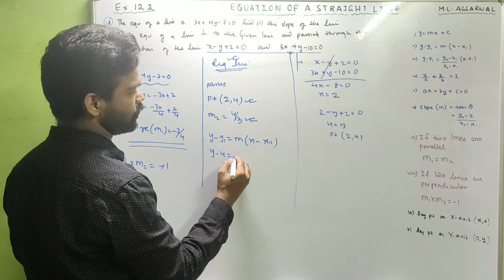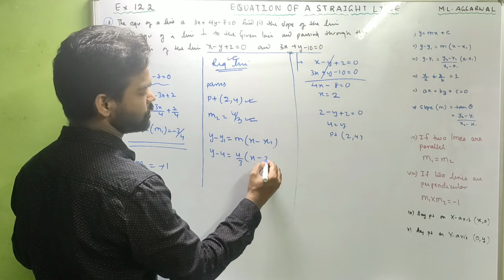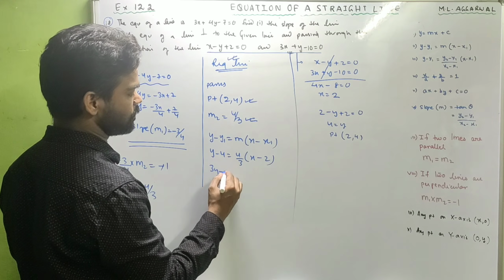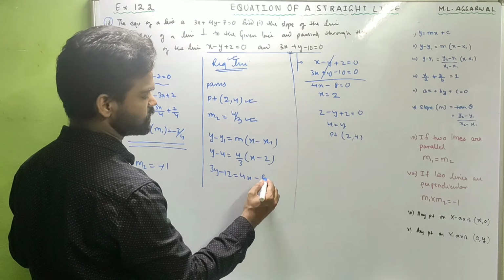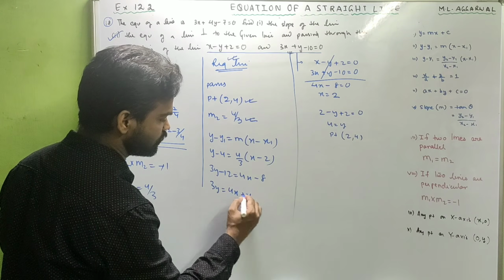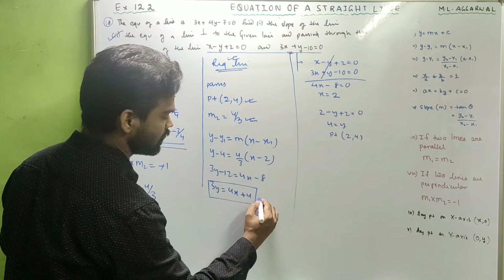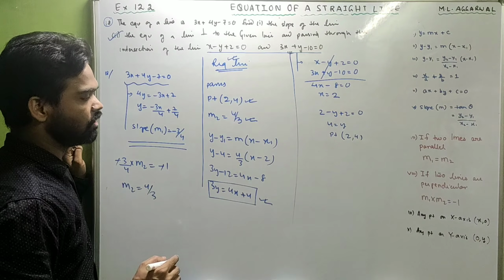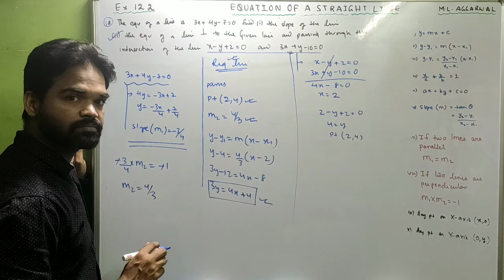So y minus 4 equals 4 by 3 times x minus 2. So that's 3y minus 12 equals 4x minus 8, which means 3y equals 4x plus 4. Am I clear? So this is your equation.